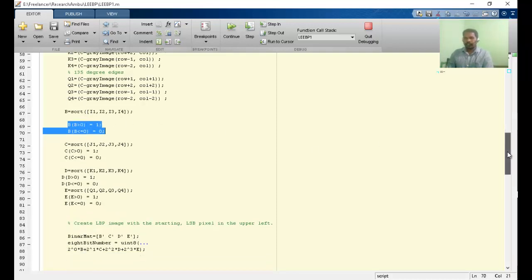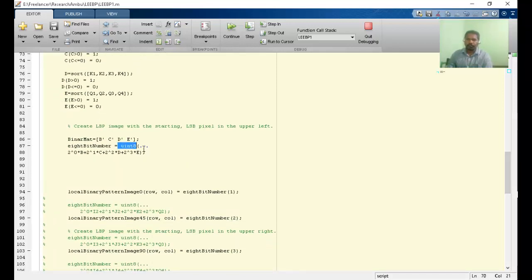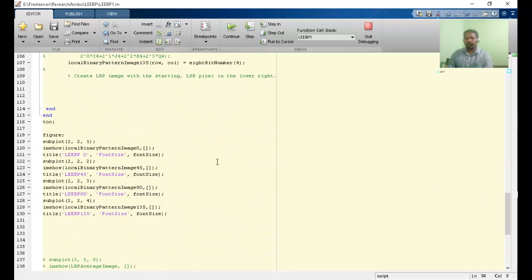After converting this binary pattern, we convert it into an 8-bit number, that means binary to an 8-digit decimal number. This value is stored in each and every pixel of the local binary pattern image. Finally, we display this local binary pattern image at different angles.